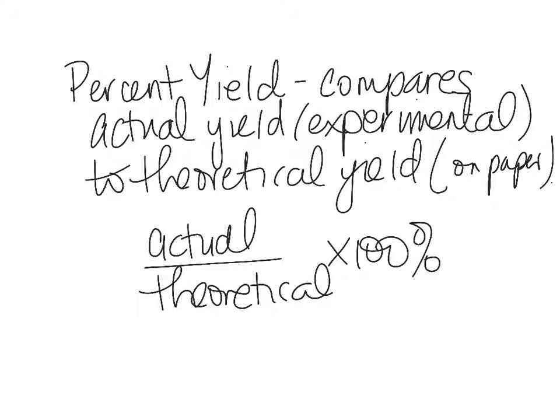And if this was a university lab, your grade would depend on how close you actually were to 100% yield without going over. In university, there's precision, there's accuracy, and then there's percent yields. And all of these are things you're going to get graded on as part of your lab marks.